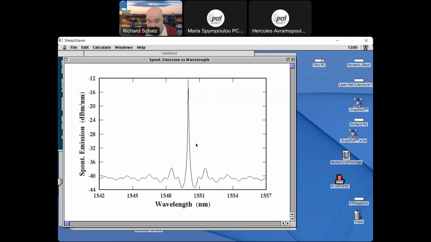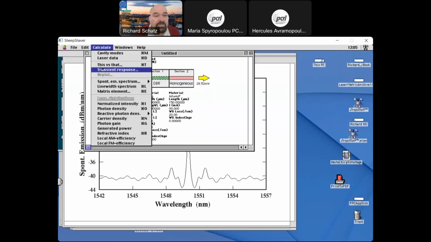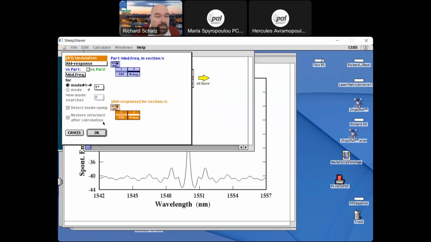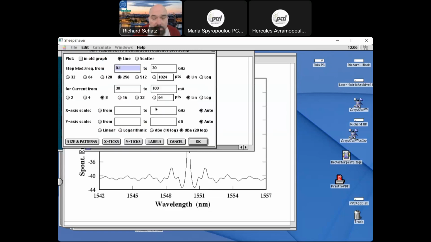Then we can calculate the modulation response of this. We take the modulation response as a function of bias in the active section first, and I can include several modes just in case we have some PPR.